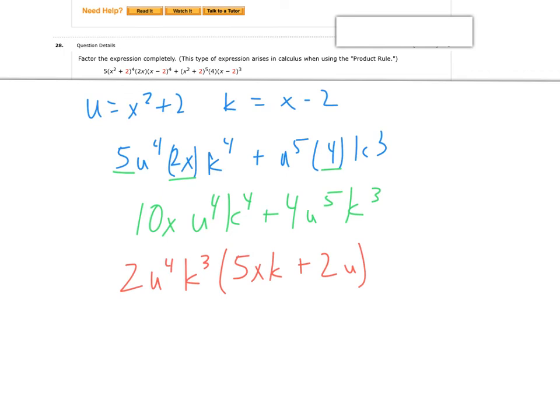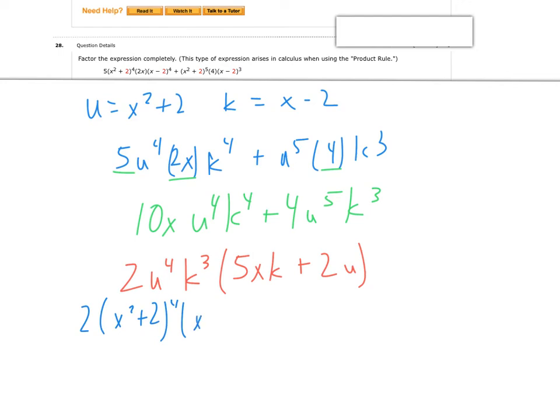Okay, so just double check here. What did we do? So this one we took out all 4 powers, so no more u. We took out 3 of these k's, so 1 k left. This one we only took out 4 of the u's, so we have 1 left, and we took out all the k's. All right, that looks good. Now we're going to reinsert everything back in. So we're going to call this x squared plus 2 to the 4th.